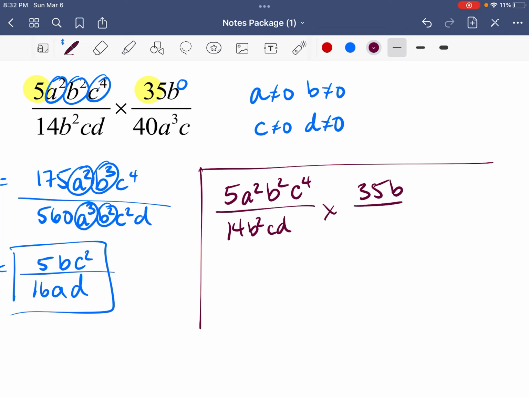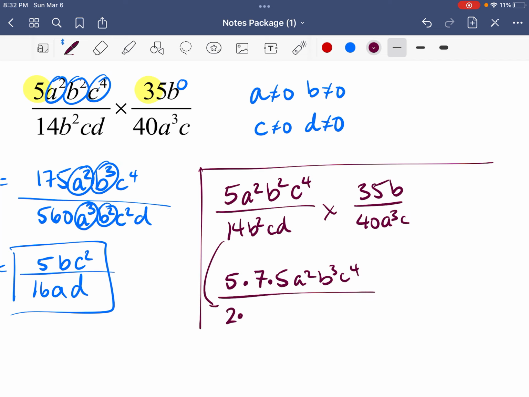Now 35 can be written as a product of primes, 7 times 5. So what you can think about is 35 is the same as 7 times 5, okay? And then we have a squared b cubed c to the 4. That won't change. All right, 14 can be written as a product of primes, 2 times 7.